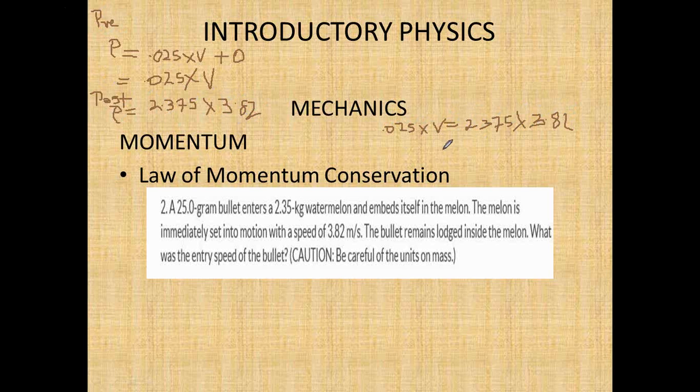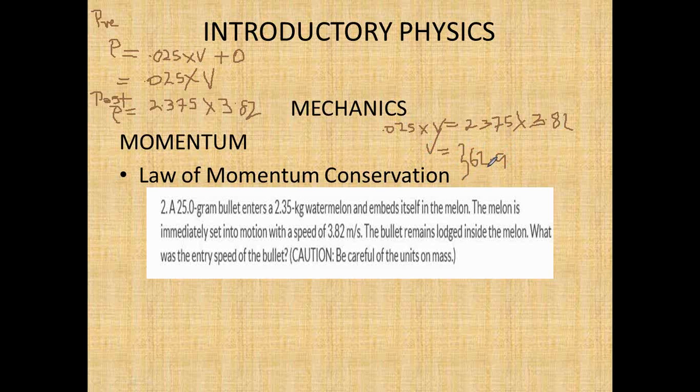When you solve for v, all you do is multiply those and divide by 0.025, and it comes out to 362.9 meters per second.